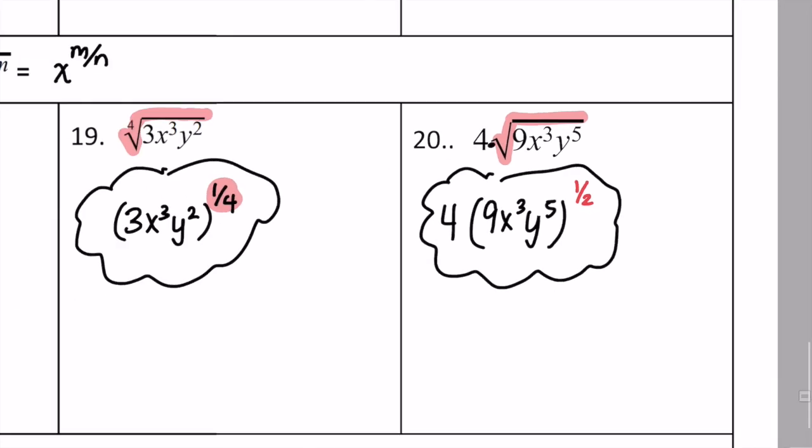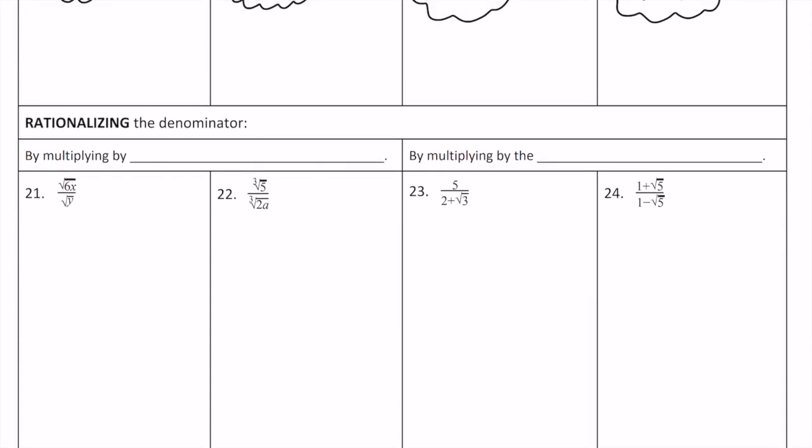All right, and then lastly, rationalizing the denominator. I'm going to rationalize the denominator if it's just a single square root or nth root.